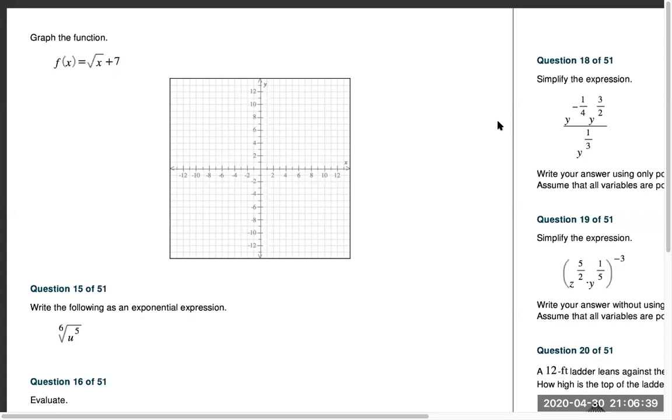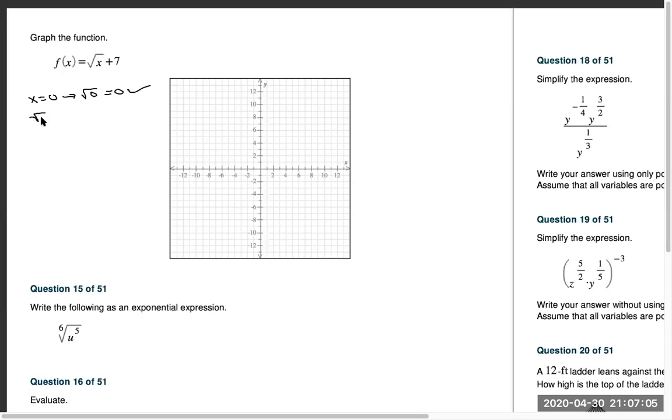All right, guys, so this next page, I'm actually going to skip number 14 for now. I would definitely suggest that you look that over in ALEKS. One thing I can mention about it is you want to pick values that make your root nice. So like for this particular example quickly, if I pick x equals 0, I know square root of 0 is 0. That's a nice number.